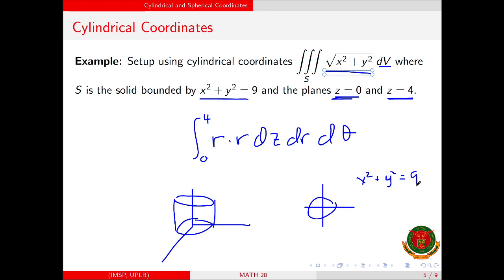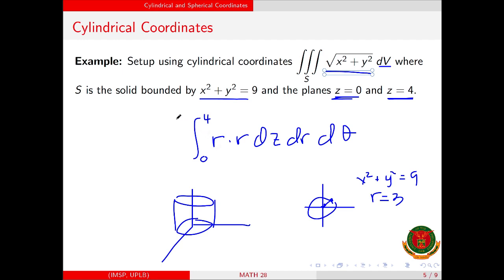And take note that its corresponding polar equation is r equals 3. So our radius function, r, is bounded from 0 to 3.